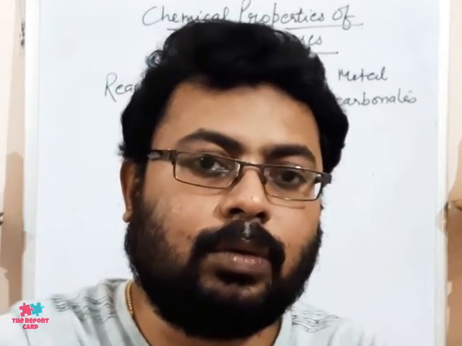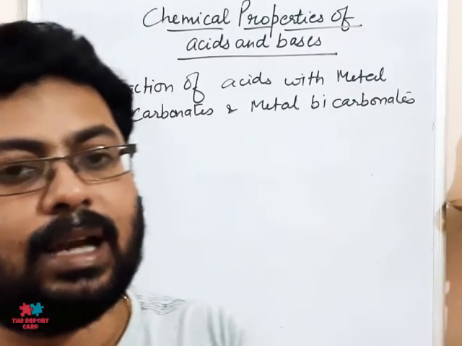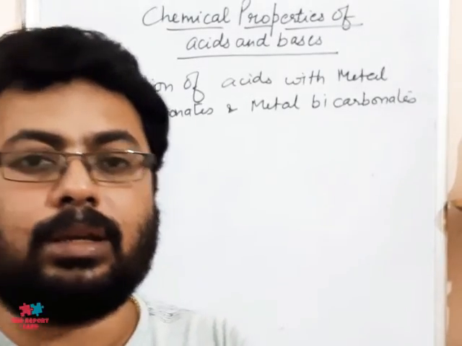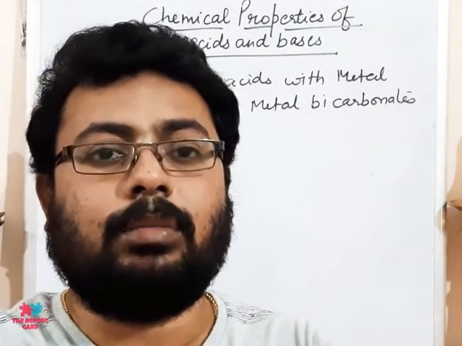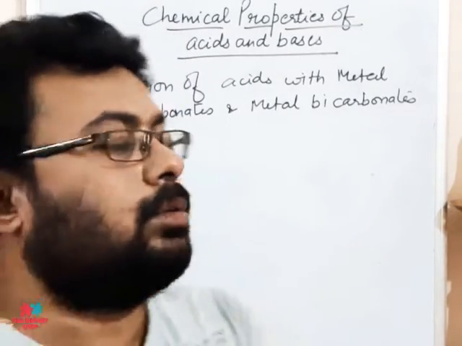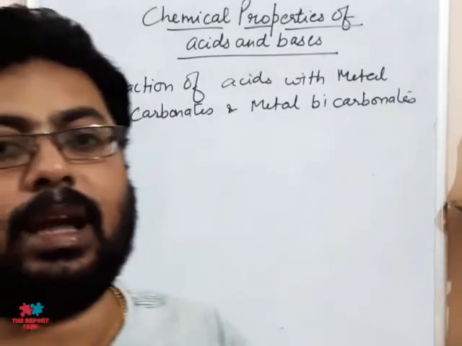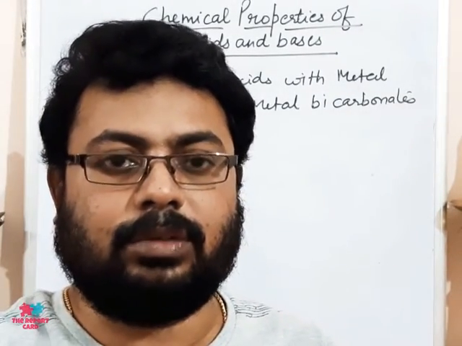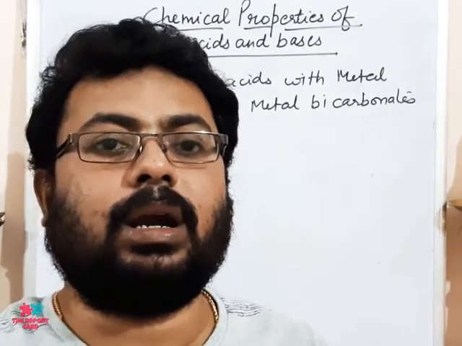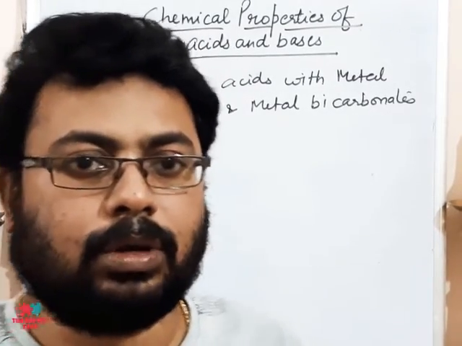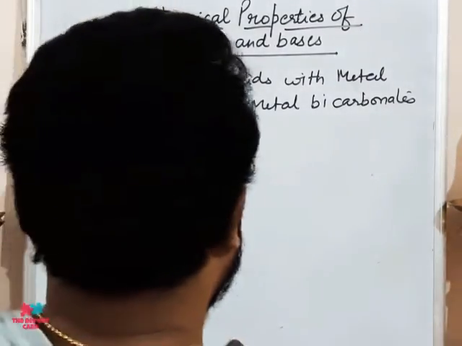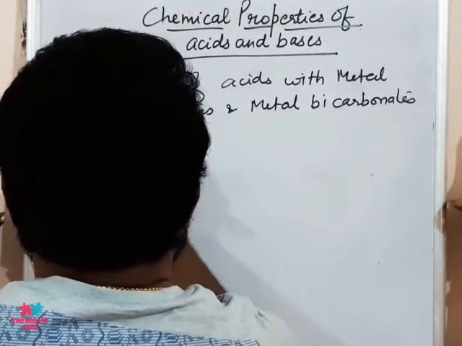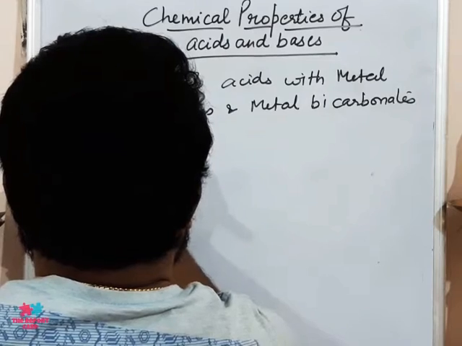Usually whenever acids react with metal carbonate or metal bicarbonate, so when I'm talking about baking soda, that is sodium bicarbonate, which gas is evolved? Carbon dioxide is evolved, and water and metal salt is also formed. So what is the basic reaction between acid and metal carbonate?